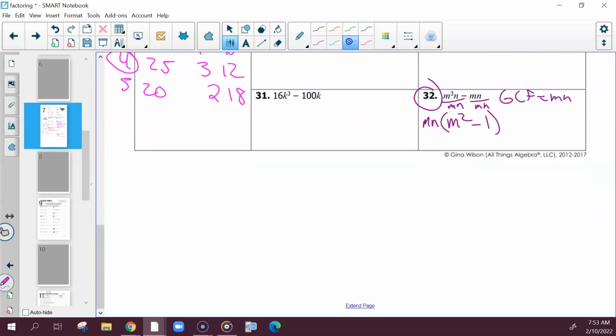So we can still use our difference of squares. What would our two factors be? M plus 1 and m minus 1.